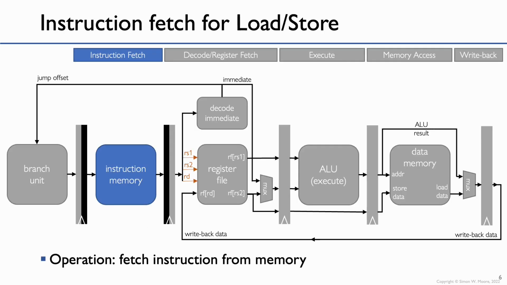So let's look at actually operating a load instruction, or in fact load and store, because they exercise a lot of the pipeline. So first, obviously, we fetch the load or store instruction from memory in instruction fetch.